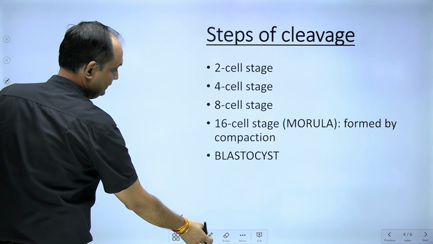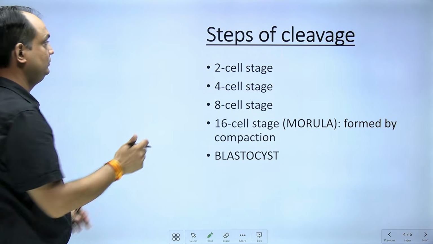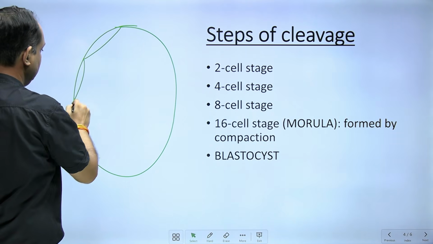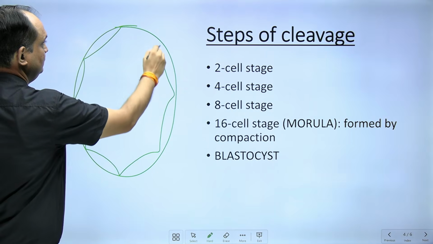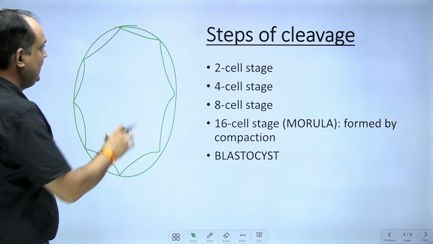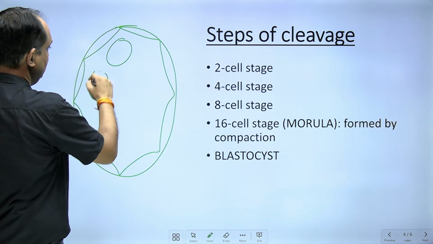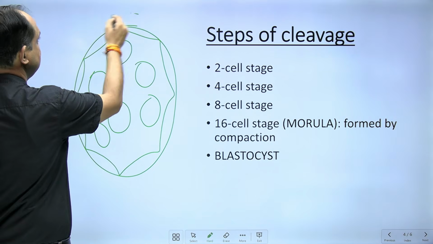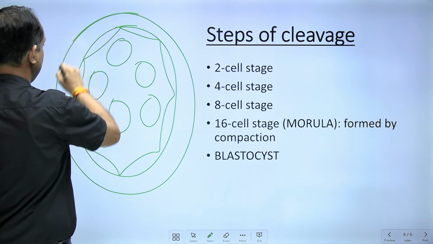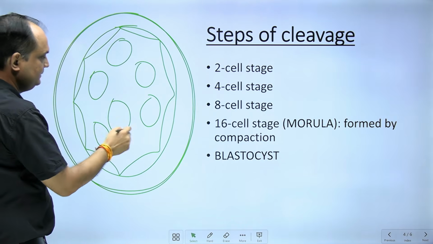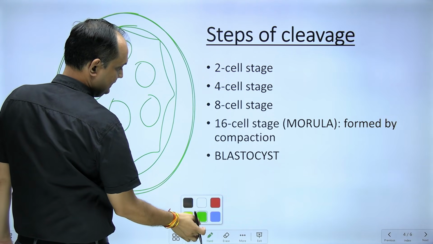So, in the developing zygote, this is your morula, which has outer cells. These outer cells are known as the future trophoblast, and you will have the inner cells. Now the uterine fluid pierces the zona pellucida of the morula and enters into the intercellular spaces of the inner cell mass. Clear?